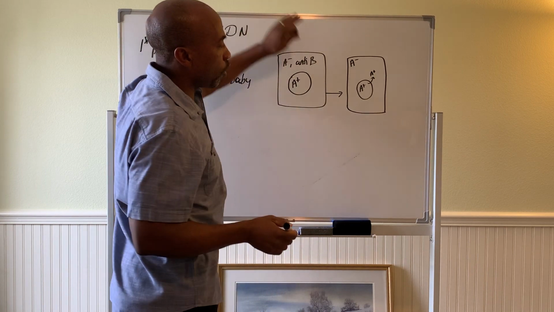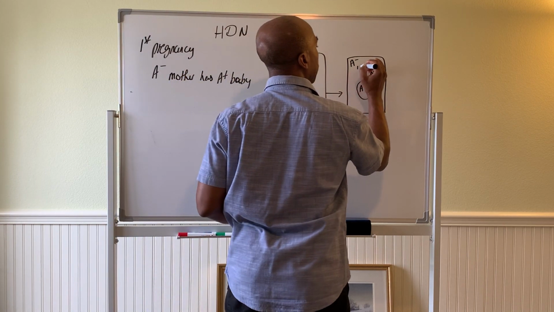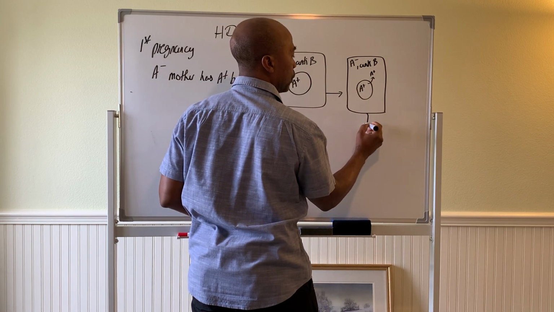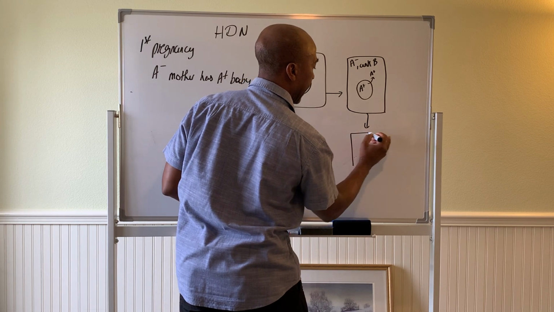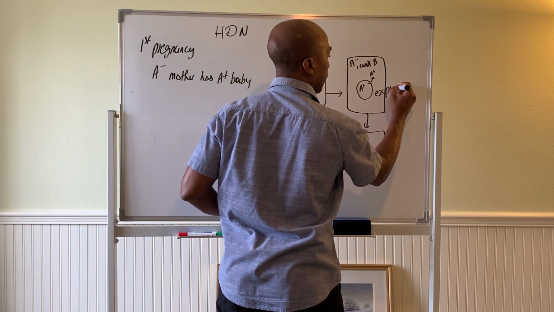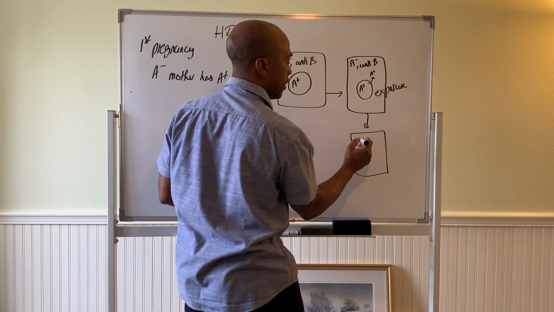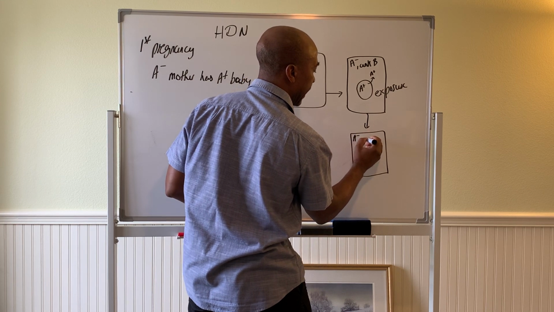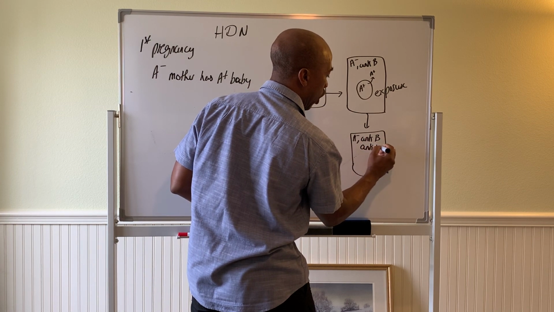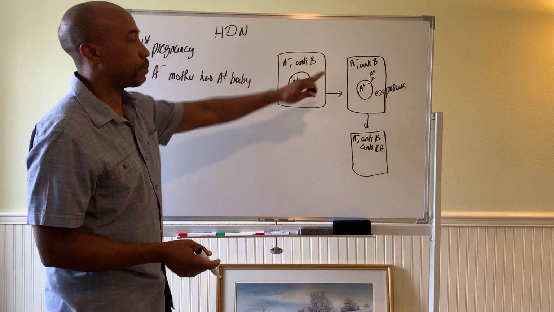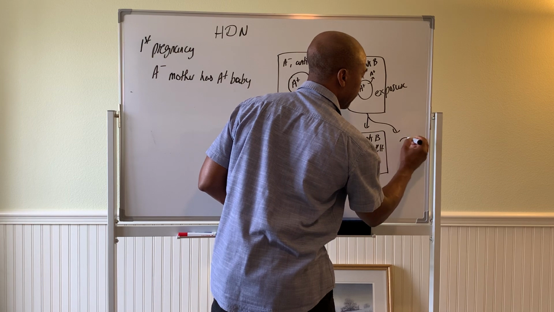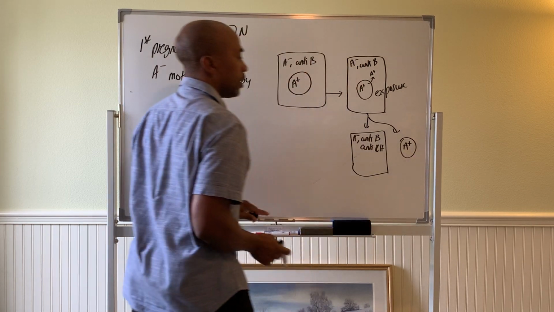And that small leaking across will then cause the mother to develop anti-RH antibodies. So now, this is the exposure. After the exposure, the mom is still A negative, but now she has anti-B and anti-RH antibodies because she's been exposed from the first pregnancy. And now the baby, of course, is already delivered. So that's the first pregnancy.